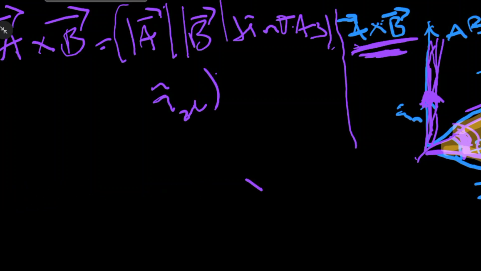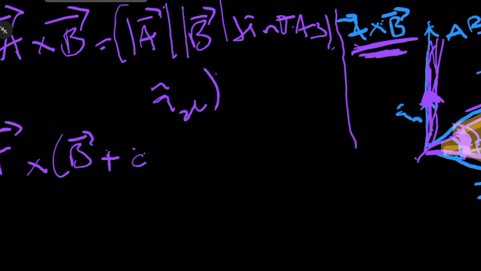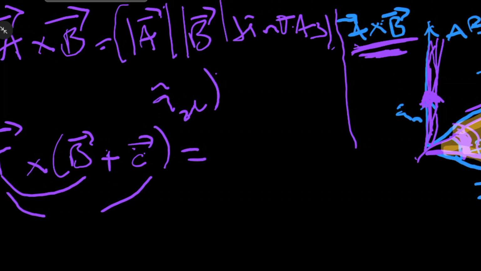The next thing to make here is that the cross product is distributive. Let's have vector A times vector B plus C. What I mean by it's distributive is that we can multiply this by this and this by this.